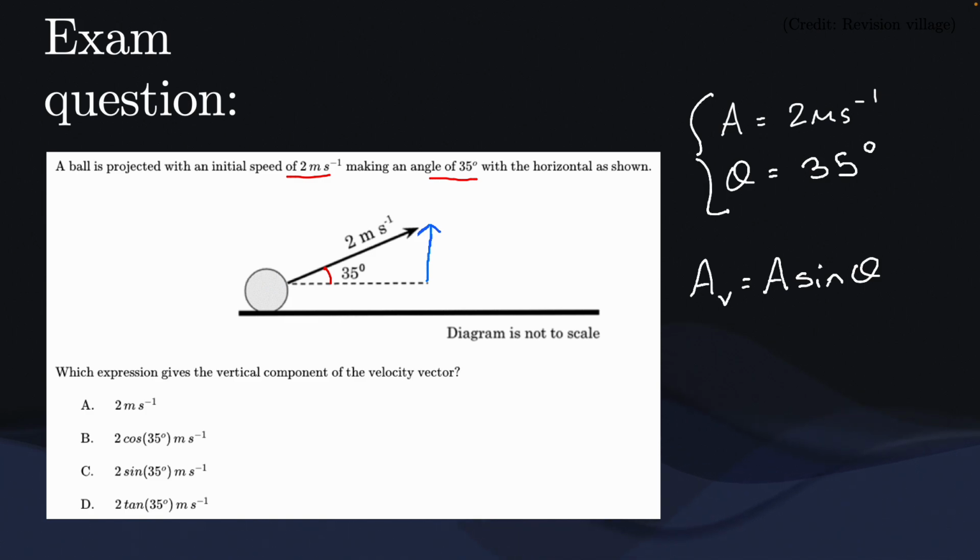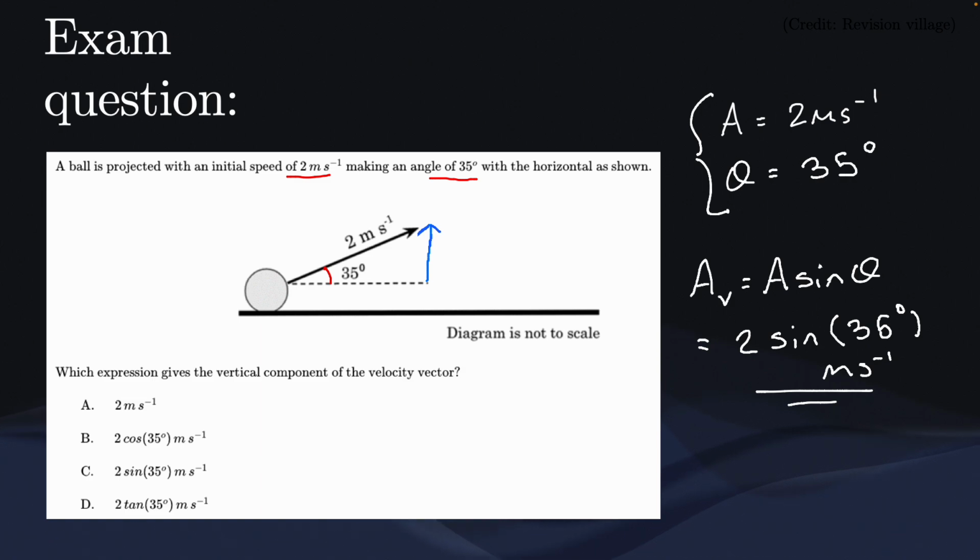And now we just substitute our values in. It's equal to 2 times sine 35. And then the unit for velocity is meters per second, so we just write meters per second.